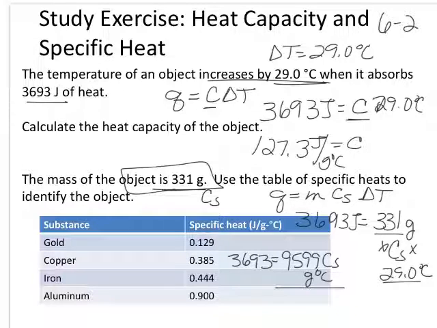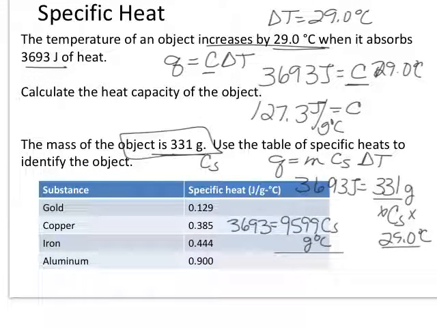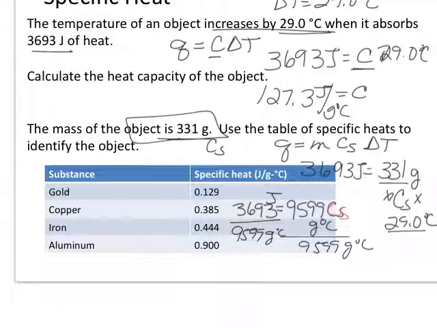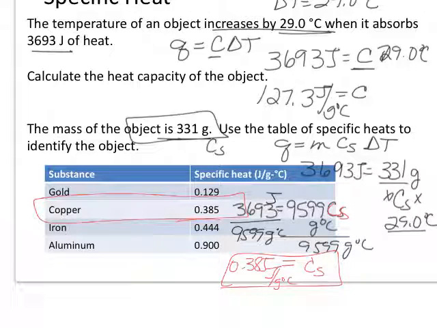You're going to divide both sides by 9599 grams degrees Celsius to isolate the Cs, which you're solving for. Keep the joules there. And that works out to be Cs equals 0.385 joules per gram degrees Celsius. And that would be copper. And those specific heats are characteristics of certain metals.